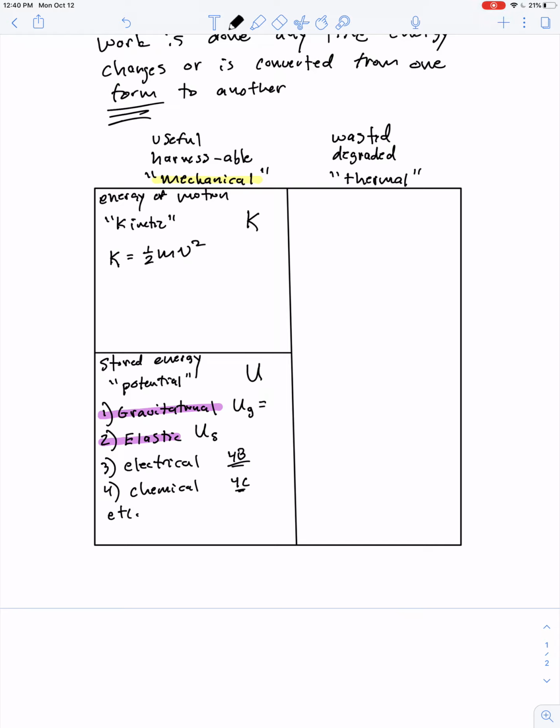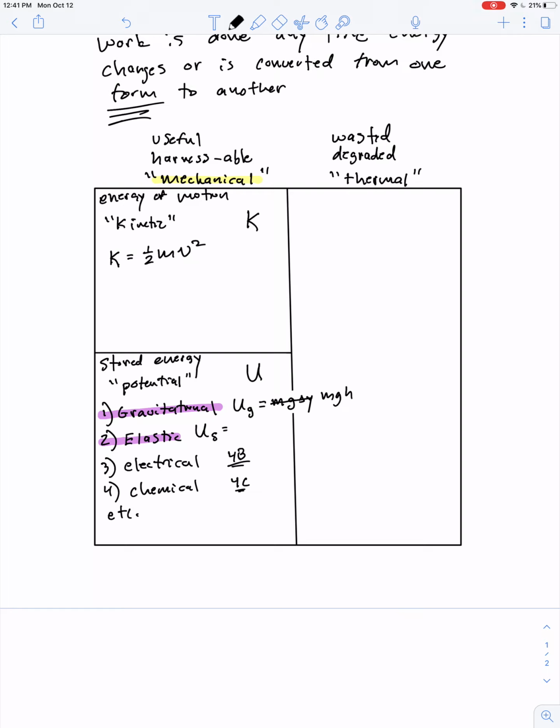An object's gravitational potential energy just depends on three quantities: how massive the object is, the strength of the gravitational field on Earth, that's just a constant, always equal to 9.8 newtons per kilogram, and then the change in the vertical position. Or if we want, we can call it mgh.